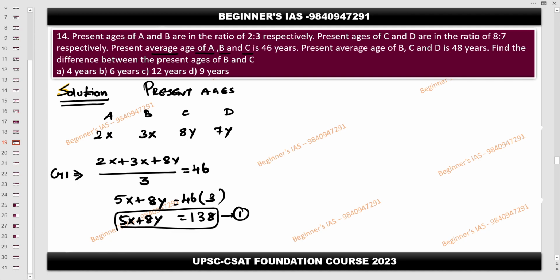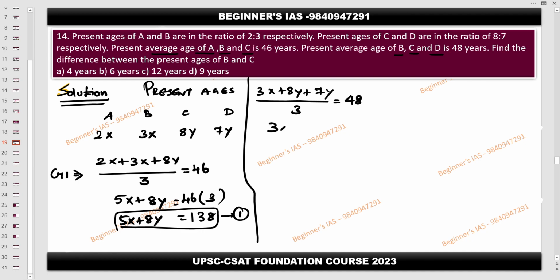Now the second thing, according to the data, the average age of B, C, D: 3x plus 8y plus 7y, divided by 3, since there are 3 people B, C, D, which is equal to 48. Then cross multiply: 3x plus 15y is equal to 48 into 3, which is 144.